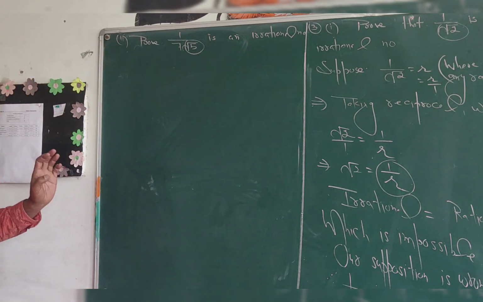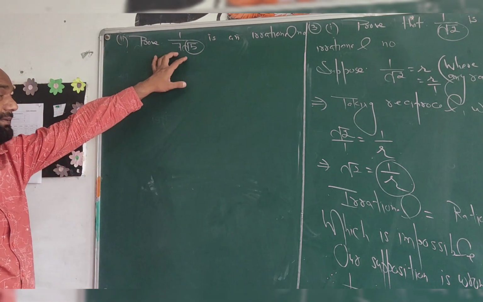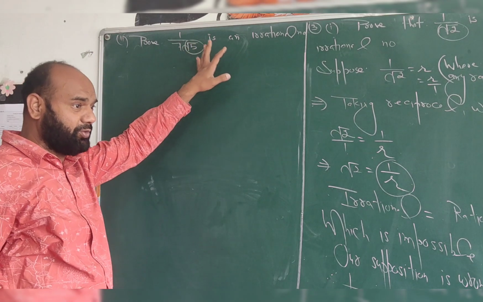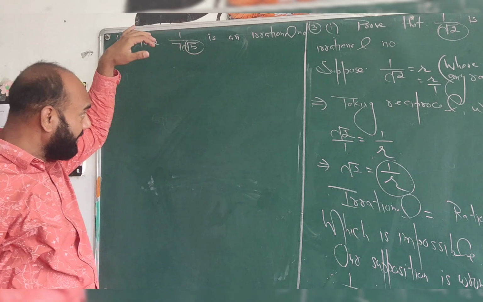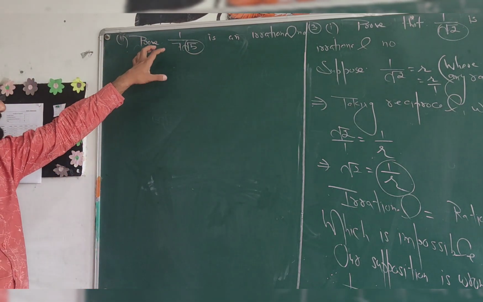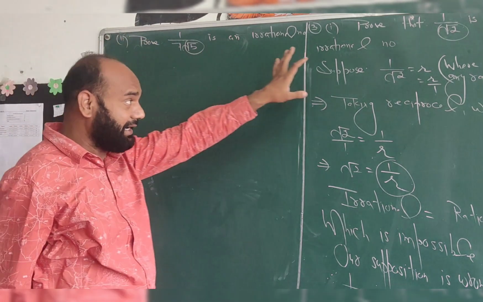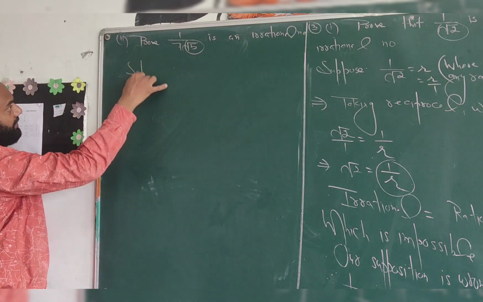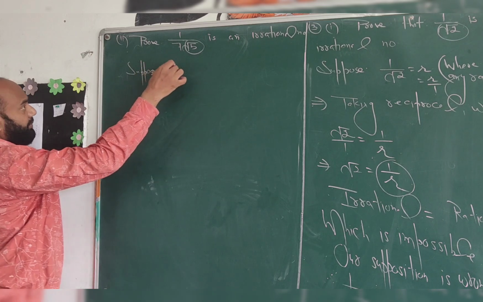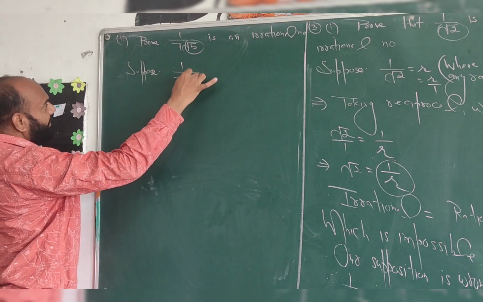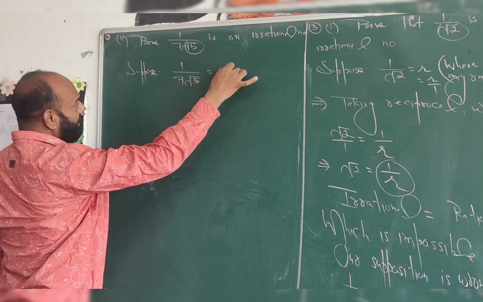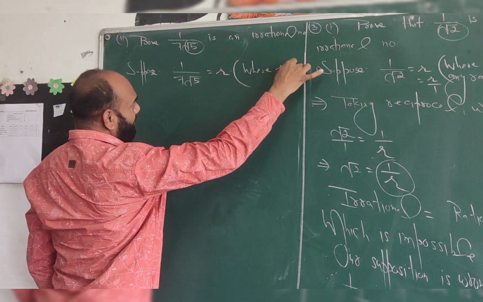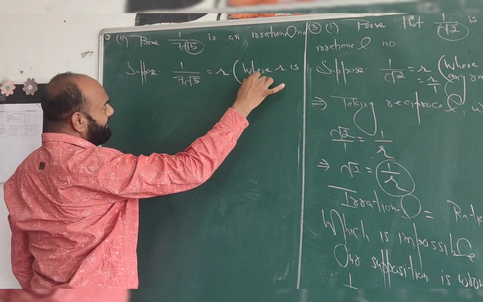And when the term of root 5 is present in any question, and which is not directly of the type root 2, root 5, root 3, but their terms are present in any question, then they are solved by our method. So according to our method, we assume 1 upon 7 root 5 is equal to r, where r is any rational number.